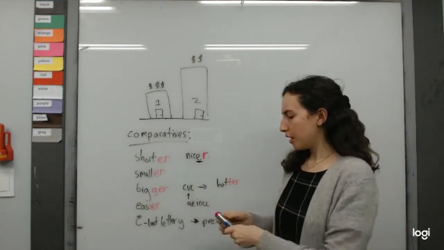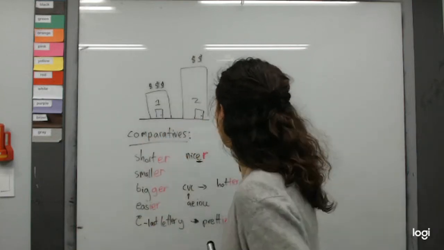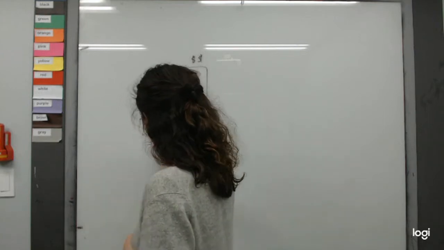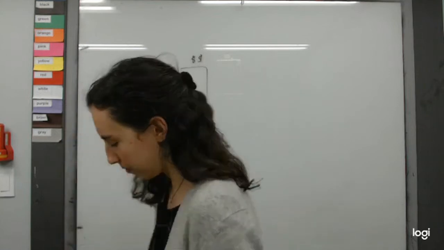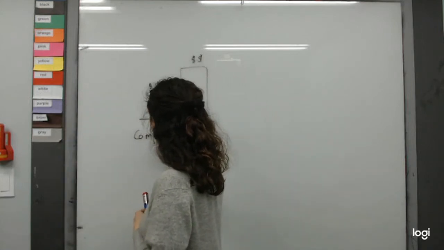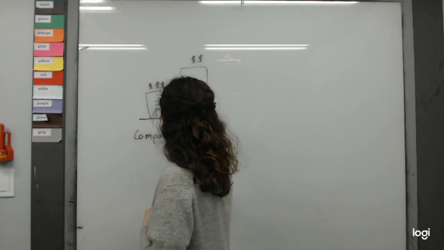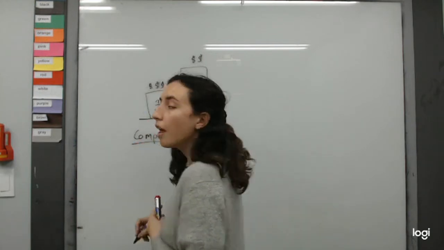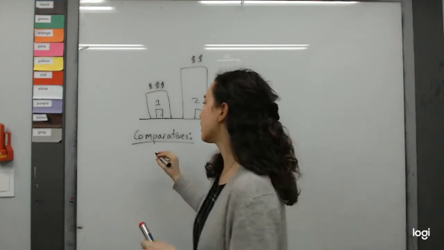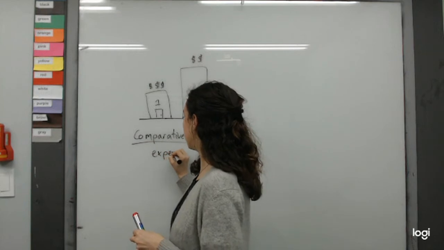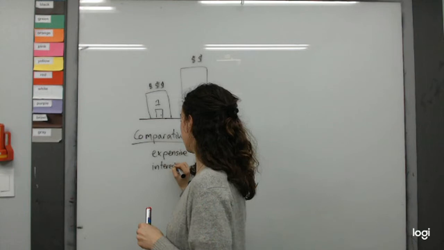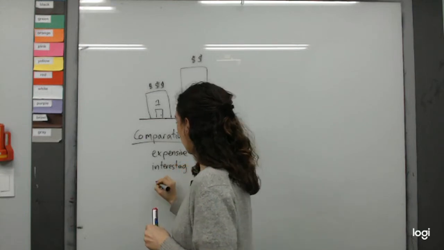Okay. The other rule of comparatives is what we do for long words, like expensive, or interesting, or dangerous.